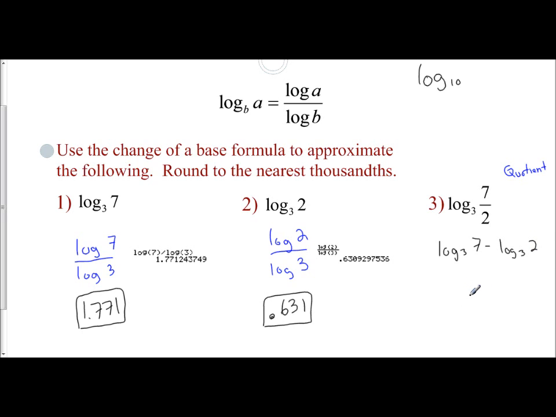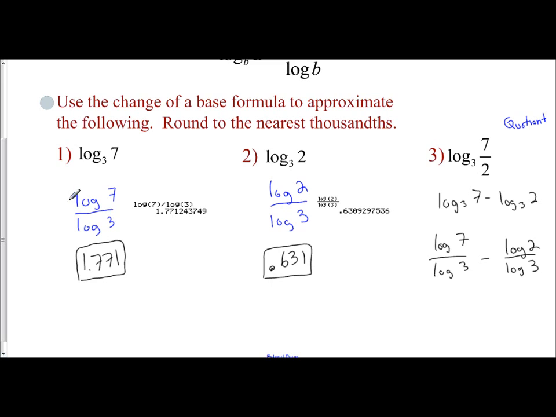Now to convert these and find the value, I have log of 7 over log of 3 minus log of 2 over log of 3. This is what I'm going to use to approximate the value. Well, let's take a look. I could go to my calculator, or I can see I've already found log of 7 divided by log of 3 as 1.771 in the first example.